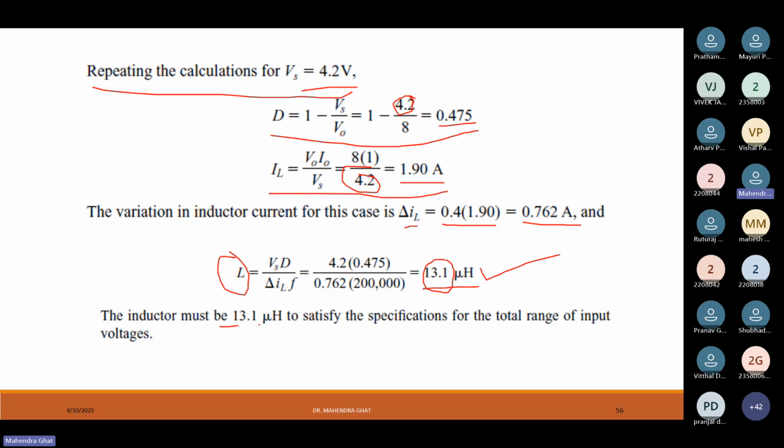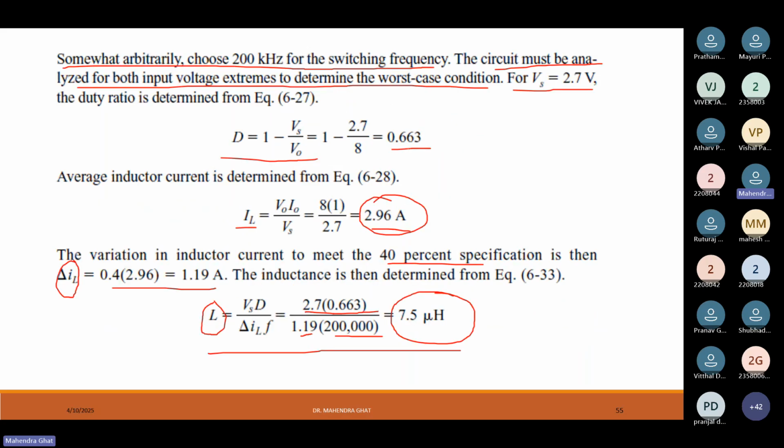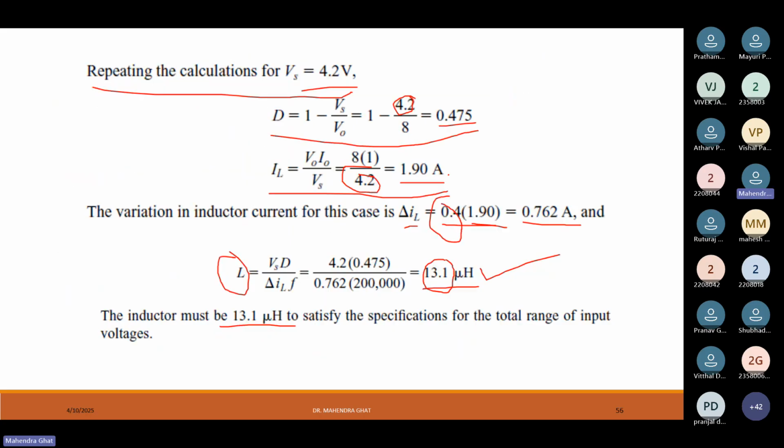The inductor must be 13.1 microhenry to satisfy the specification over the range of input voltage, because we have to satisfy the 40% of IL for the whole range. If I take the lower value, it satisfies at 2.7 volt input, but it will not satisfy when the input voltage is 4.2. That's why we have to take the worst case. So the inductor is 13.1 microhenry.